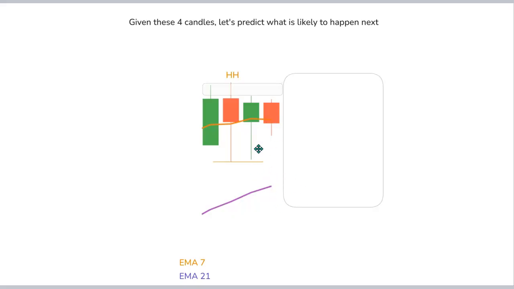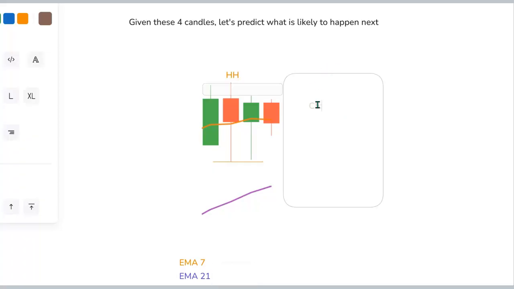Because to be honest, given that we are in this range like this, what we should be expecting is another green candle in principle. But something else is telling us that the sellers could be in very, very aggressively in this market, right?